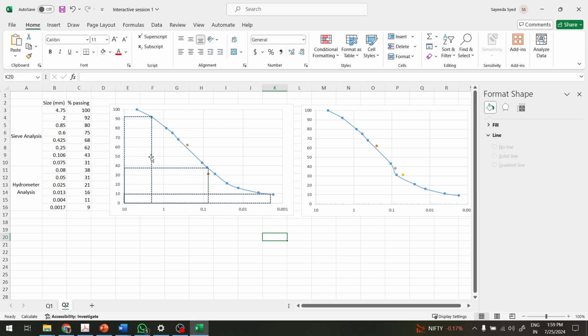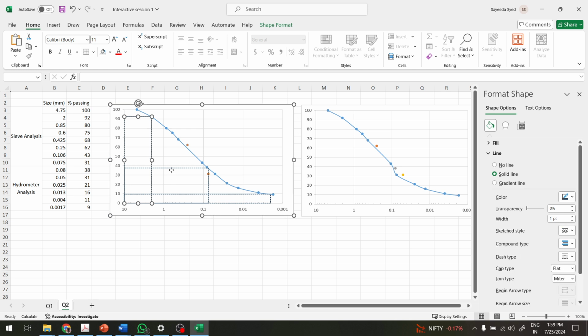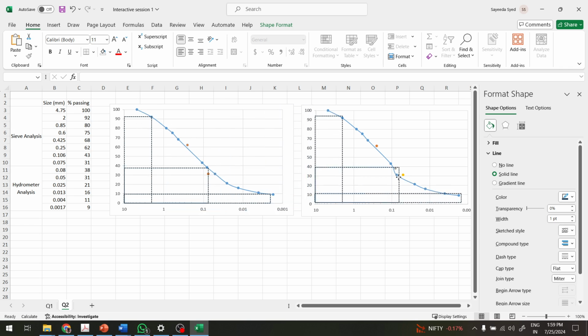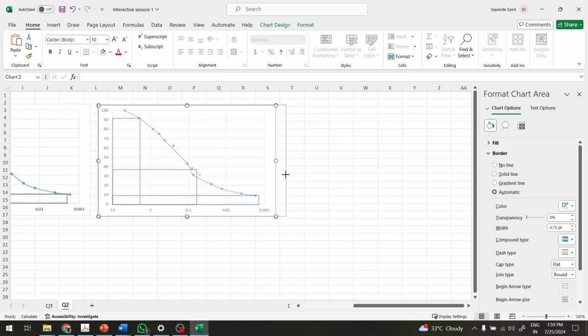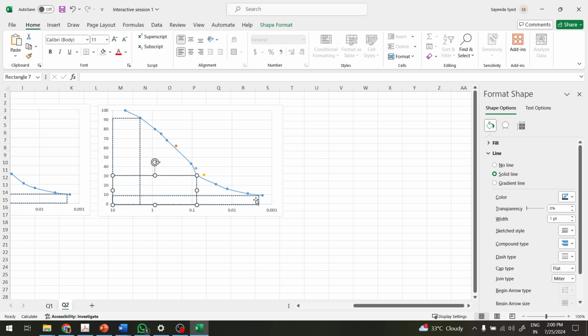I can do the same thing here. So we have 0.075 and then we have 0.002.